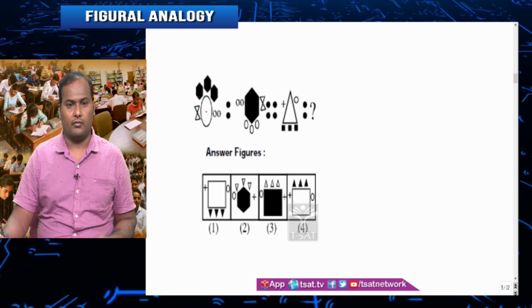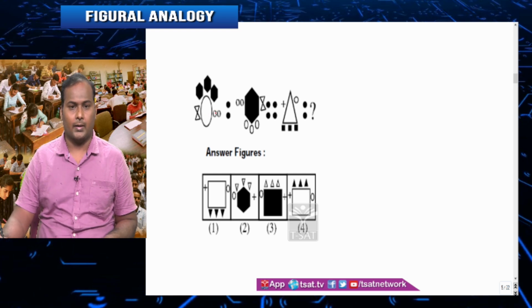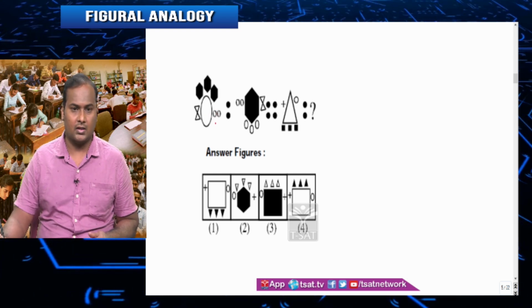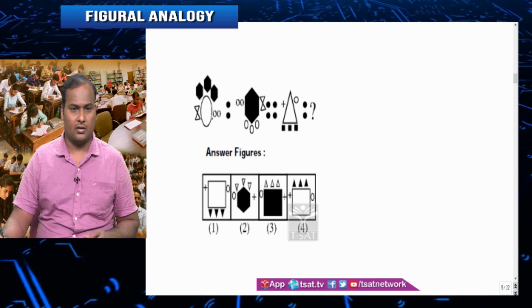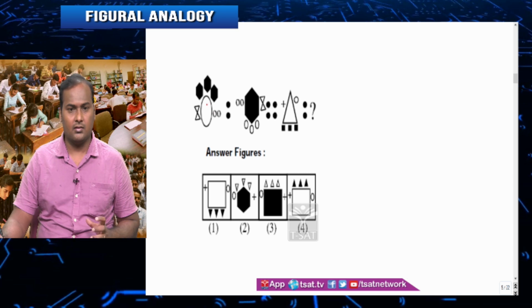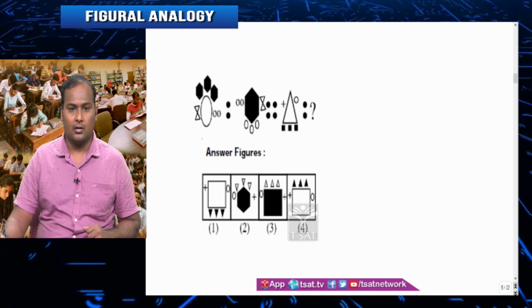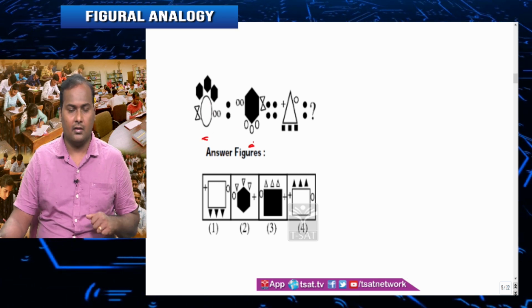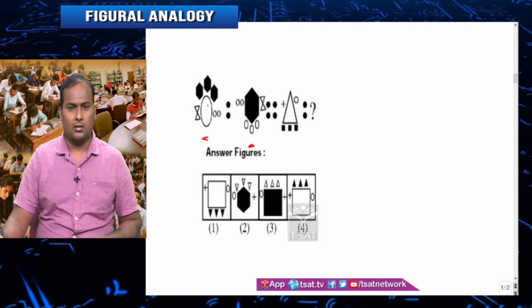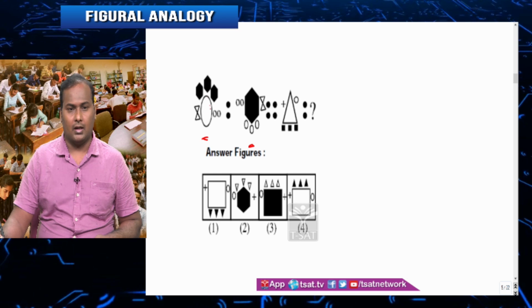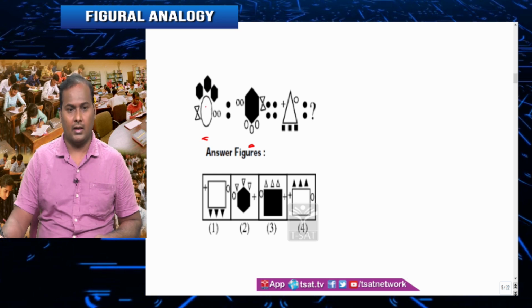In the examination, when you see this question, it looks quite tricky because you have to solve this question within 36 seconds. But we need to observe what exactly is the change going on between the first figure and the second figure. The first change is the dark and light figures.